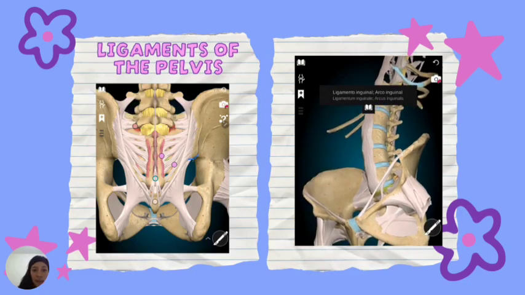That is the black circle. This is the pubic tubercle and the boundary between the abdomen and the thigh.